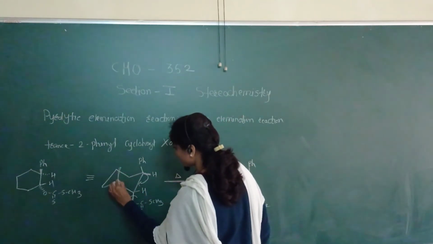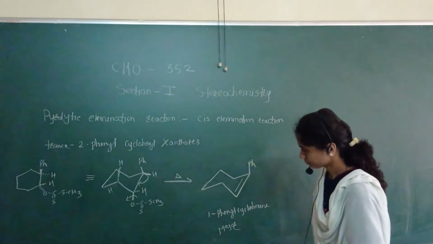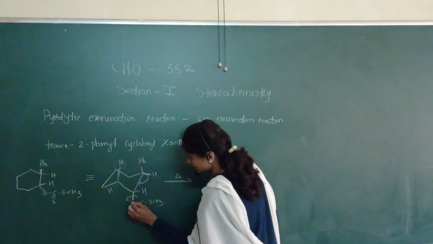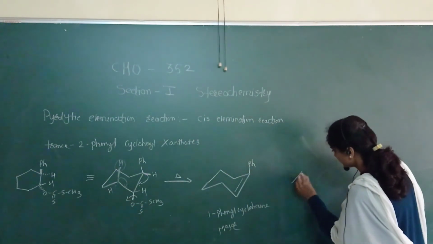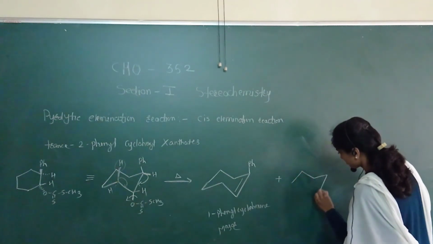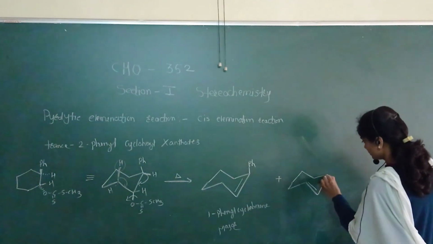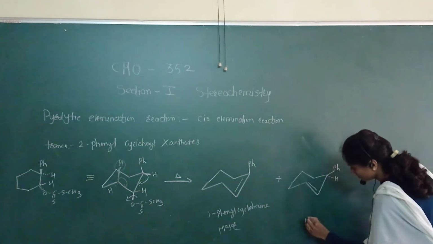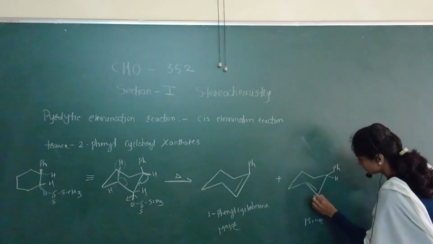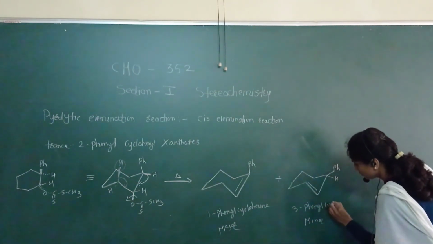And the minor product, here is also hydrogen, here is also hydrogen. This hydrogen, axial and equatorial hydrogen, we get a minor product. Here is the phenyl ring, and the name of this is 3-phenyl cyclohexene.